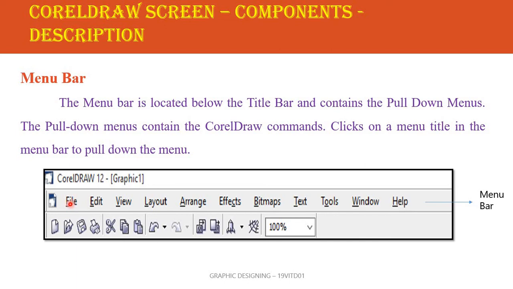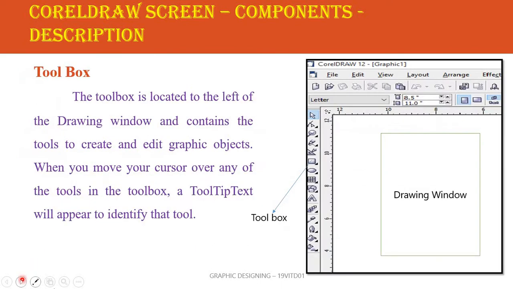For example, under this file menu you can create a new file, you can save your existing file and you can open your file. All are done with the help of this file menu. So click on a menu title in the menu bar to make the pull down menu appear. Okay, clear? Let us move on to the toolbox.